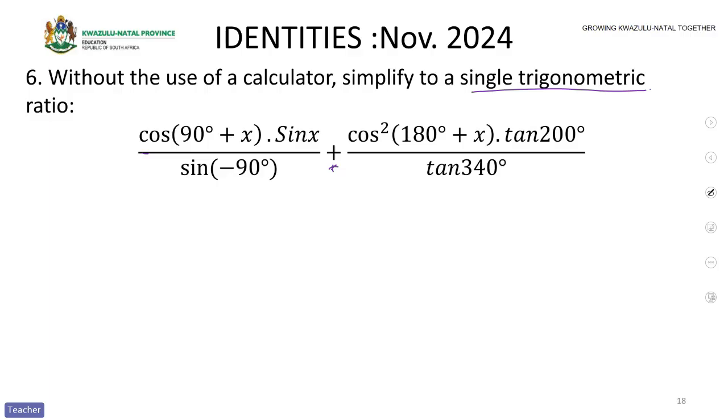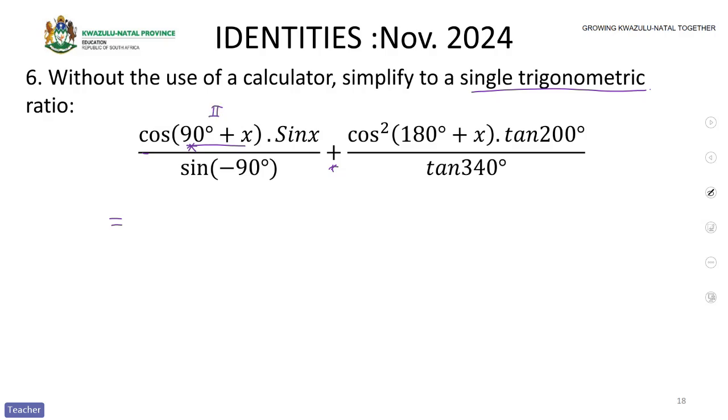How then do you approach it? You treat each one at a time. So cos of 90 plus x, since this one is a compound angle, there is no need for us to expand, since it involves an identity that we might recall, which is a co-ratio. Cos of 90 plus x is in the second quadrant.